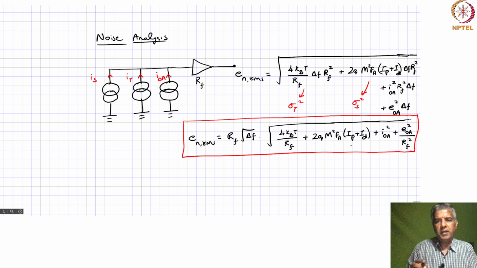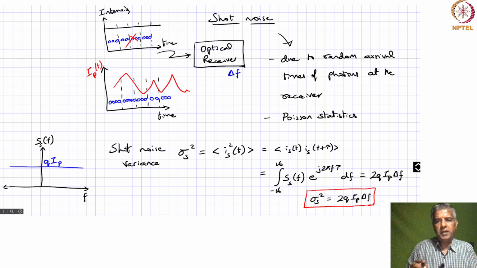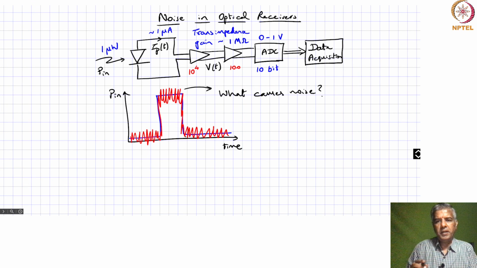And then you have the shot noise component, and then the op amp contributions. These are what will essentially make your receiver behave in this way. So the output voltage corresponding to your receiver is going to be generally noisy in nature, and of course we will see how to reduce that noise.